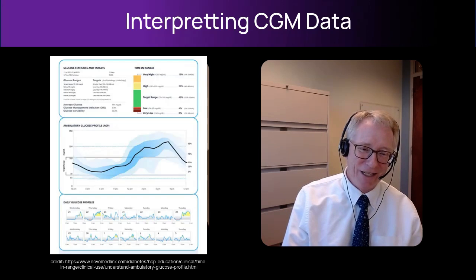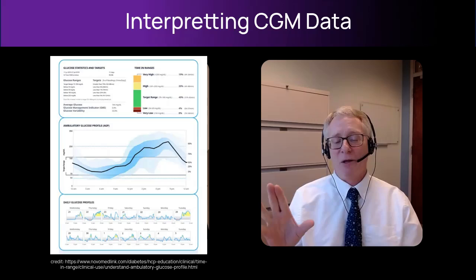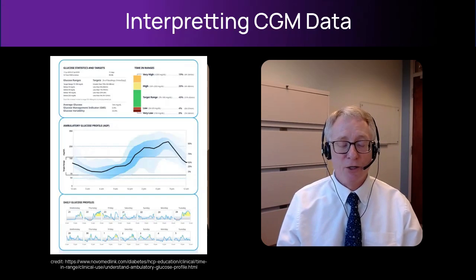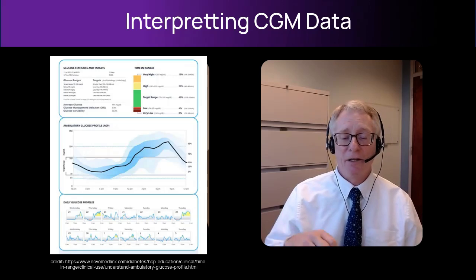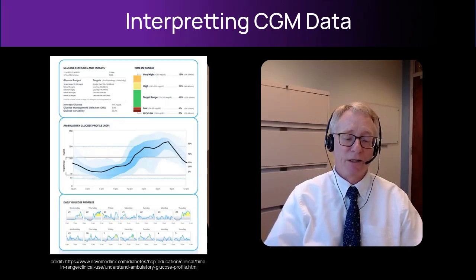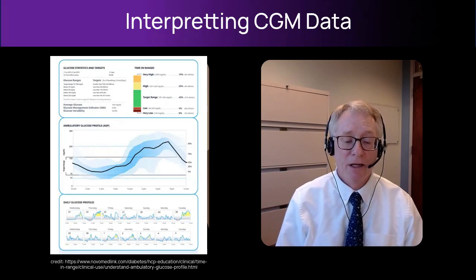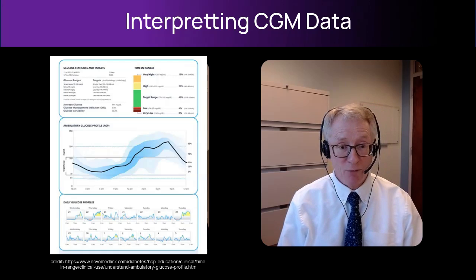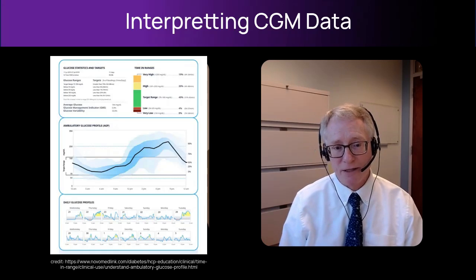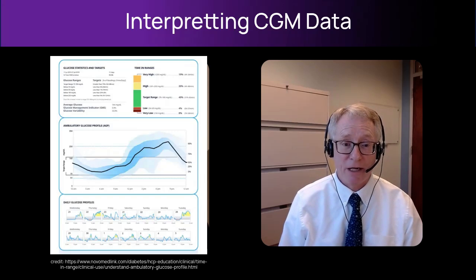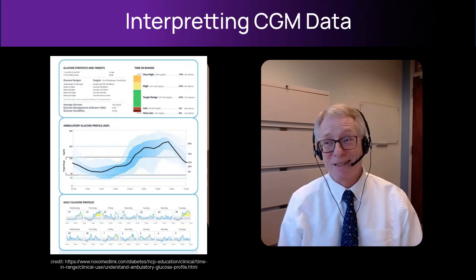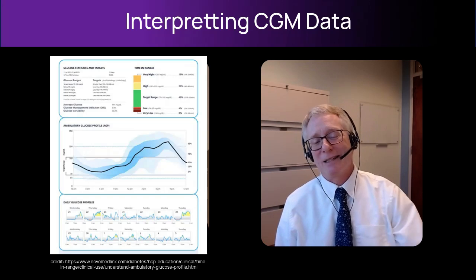Once you've decided if you need to take action, you go down to the middle and bottom part and determine where action is needed. We're looking at patterns. There's a median line. There's margins, the 95 and 5% lines. And we're seeing if there's a pattern to hypoglycemia, if there's a pattern to hyperglycemia, because those are targets for intervention. If we're using insulin-based therapy, for instance, we want to see if we're dropping excessively overnight.